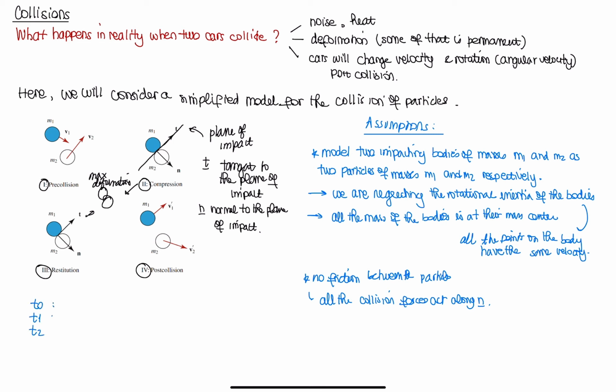Okay, so t0 is the time just before collision, so basically just before 2. t1 is the time at the end of collision, when we have the time at which we attain the maximum deformation.